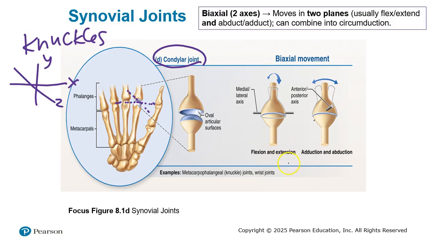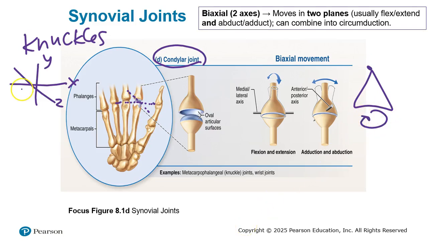Now, abduction and adduction. We know that abduction means to move a limb away from the midline, and adduction means to move the limb towards the midline. You also have circumduction, which means that you're creating some kind of point, and you are allowing a circular movement at the distal end of it, okay?